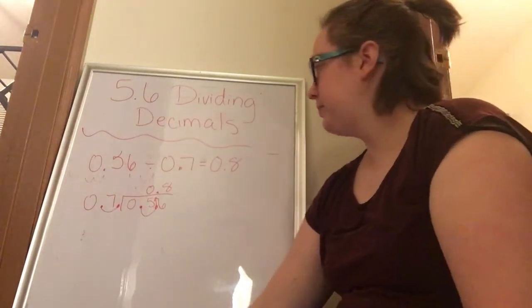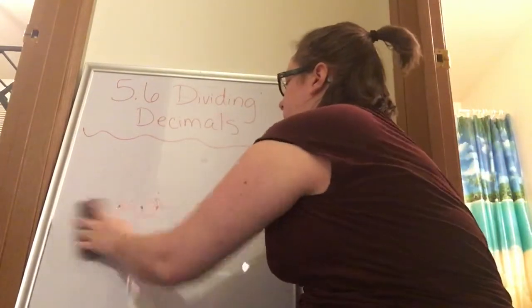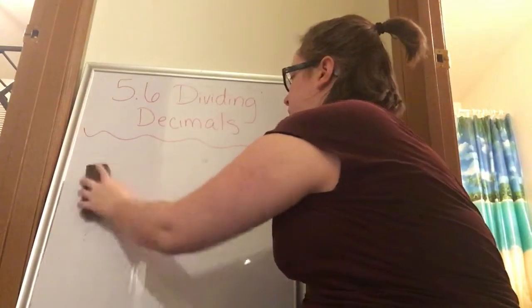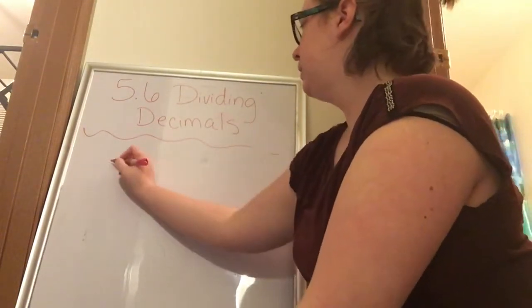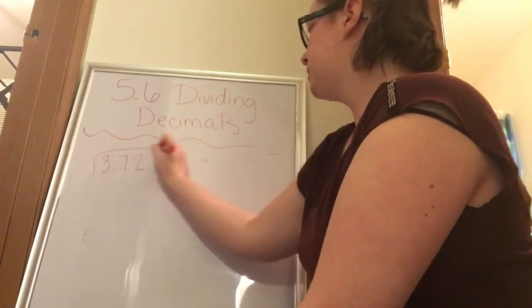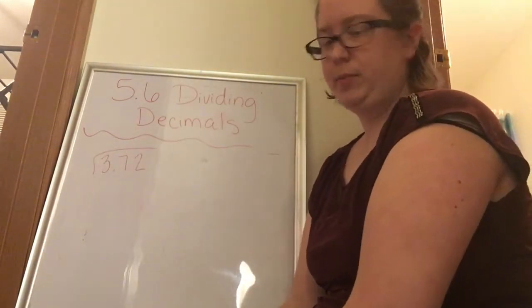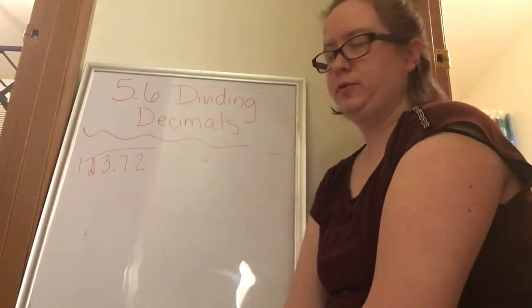Let's look at one more problem. We have 3 72 hundredths divided by 1 2 tenths.